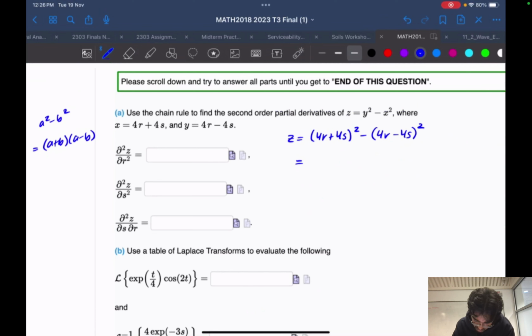So let's say this is our a, this is our b squared, a plus b, you get 8r, a minus b, you get, what is that? A minus b, you get 8s. So in total you just get 64 rs. That seems wrong.